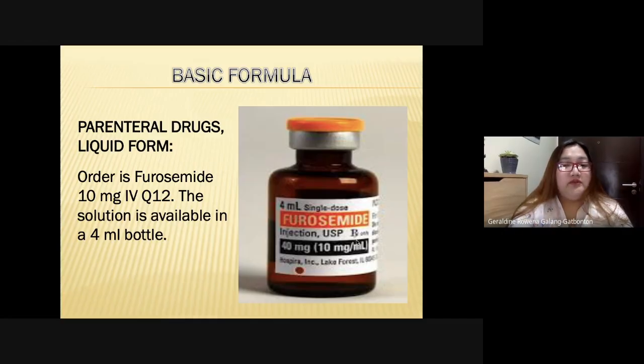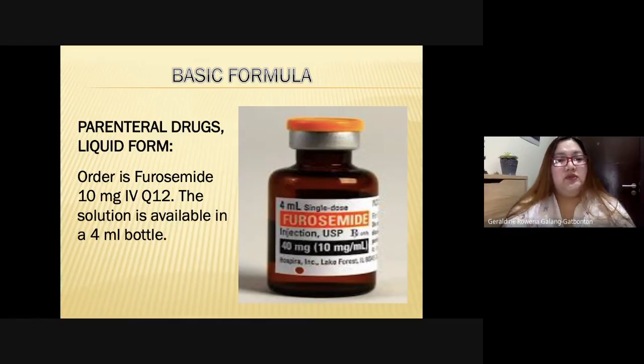But if you will use 40 mg as dose on hand, ito yung gagamitin mo na quantity, which is 4 ml. Pag tinignan mo, pareho lang yan, di ba? 40 per 4 is 10 per 1. That's the same. So, huwag kayong malilito kapag tumitingin kayo sa mga bottles ng gamot, and you are actually getting the H and the Q.